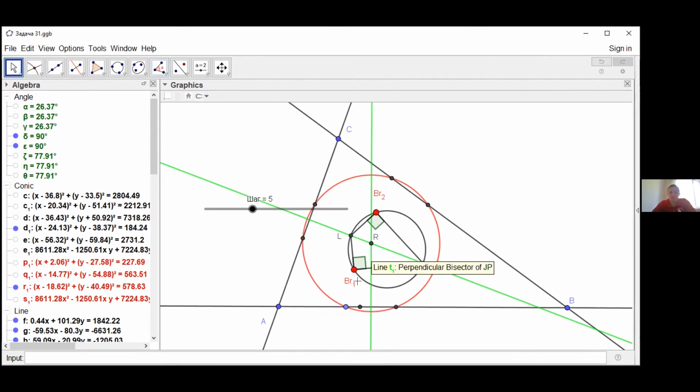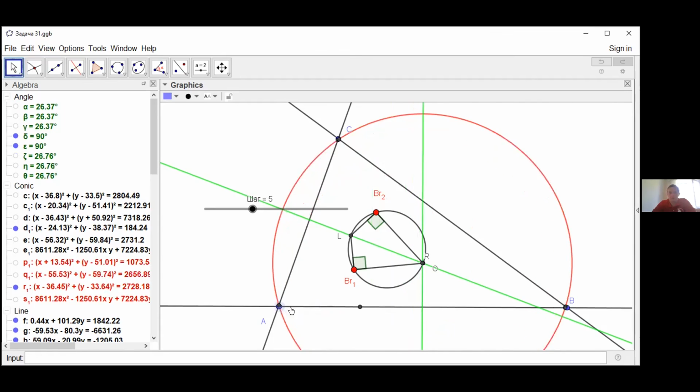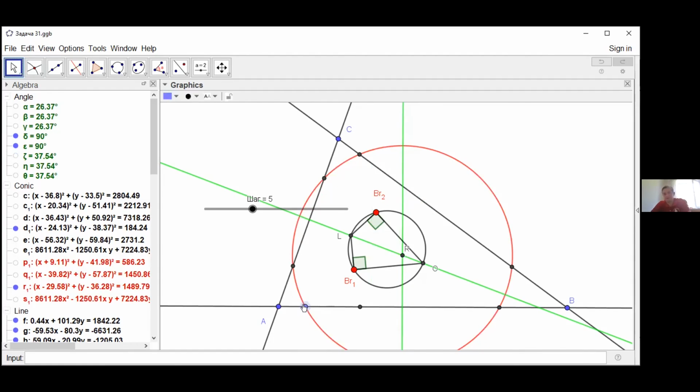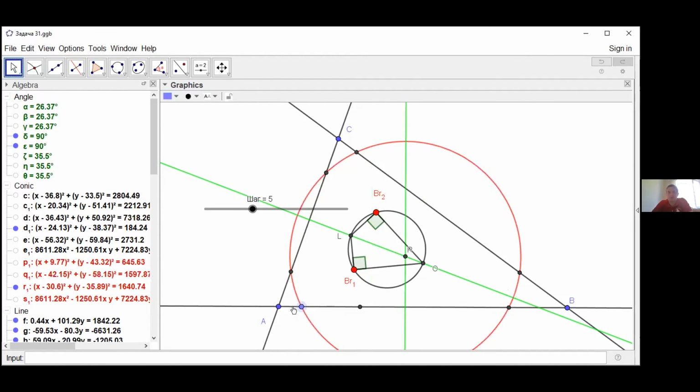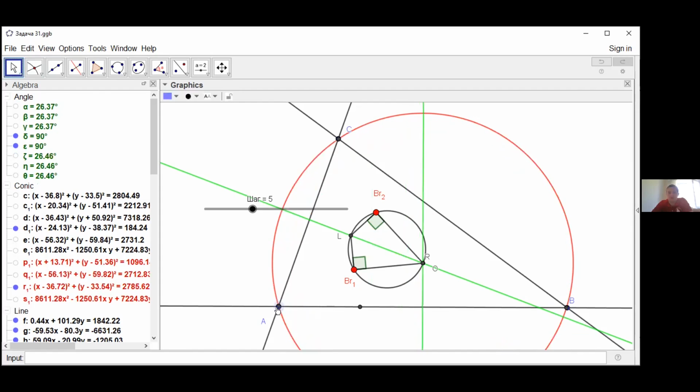And what do we see? If we consider this family of generalized pedal circles, one of these circles should be just circle ABC.